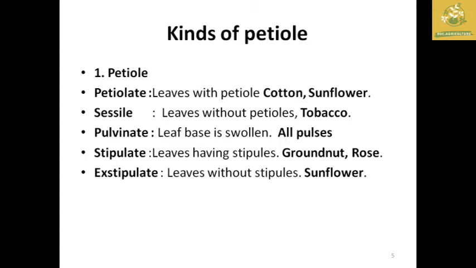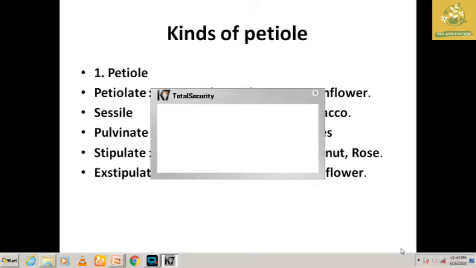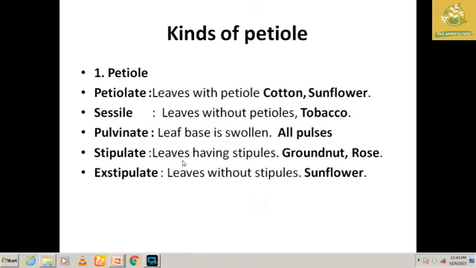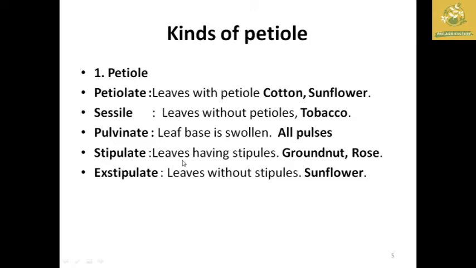While seeing the kinds of petiole, petioles are classified into 5 types: petiolate, sessile, pulvinate, stipulate, and exstipulate. Petiolate leaves, where the petiole is present, can be seen for example in cotton and sunflower. Sessile is where the petiole is absent, for example tobacco plants.